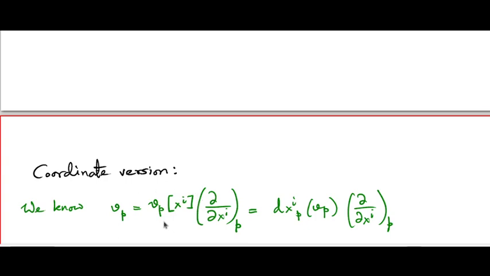But notice that our definition of a differential of a function at a point P tells us that this V_p acting on xⁱ is nothing but the action of dxⁱ|p, the differential covector at the point P, acting on V_p. This is just a definition of dxⁱ|p. Acting on V_p, it provides the result which is equal to V_p acting on the function xⁱ.